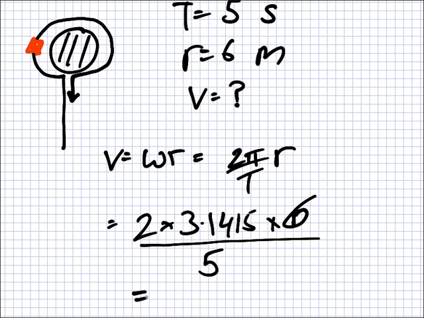What do we get here? 7.54 meters per second. That's how fast the car is travelling. Okay, write this example down.